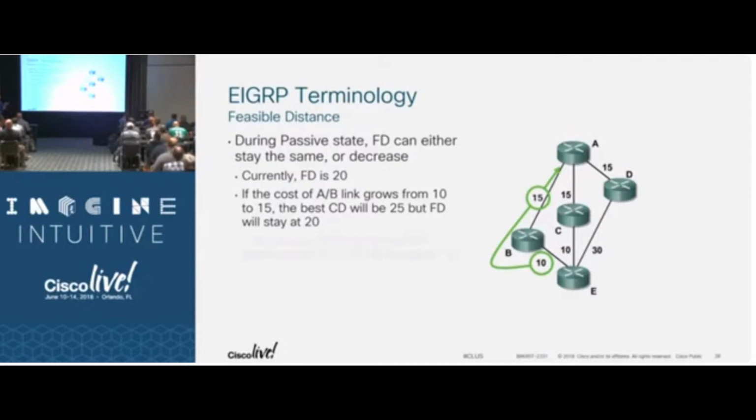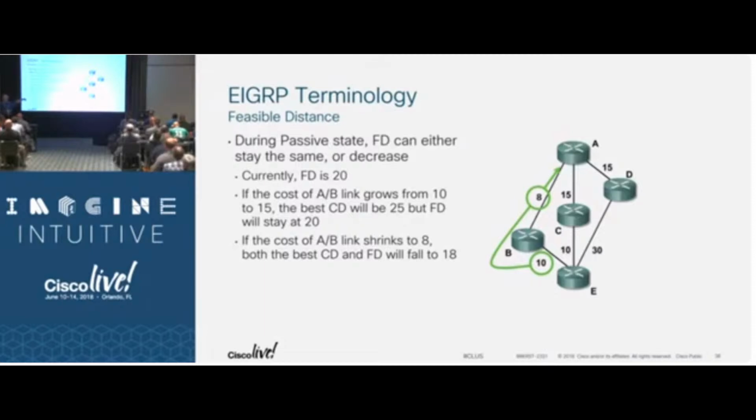If that link later went down in cost to 8, well, the current distance would go down from 25 to 18. And since this is the new best distance we ever had to the destination, we would also update the feasible distance down to 18. And by the way, I don't have it here.